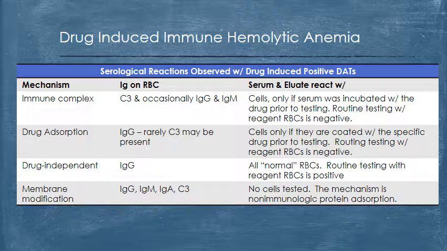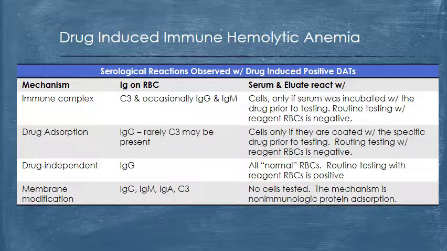Drug-induced hemolytic anemia would be suggested when there's evidence of either hemolytic anemia or positive DAT, but no other reason for the reactions that are taking place. So no history of sensitization, no history of pregnancies or respiratory infection or viral infection or anything like that.